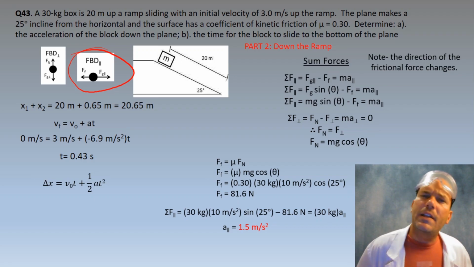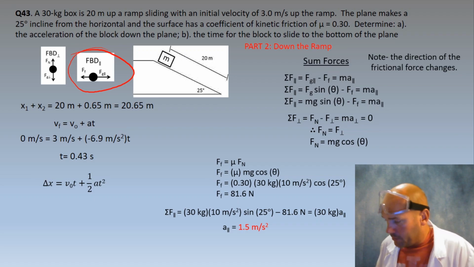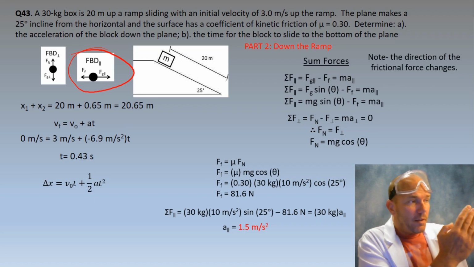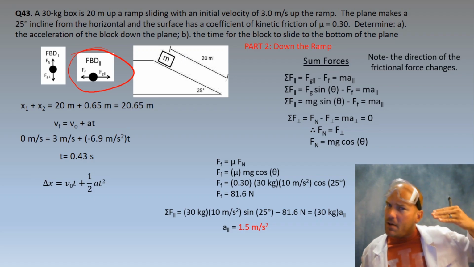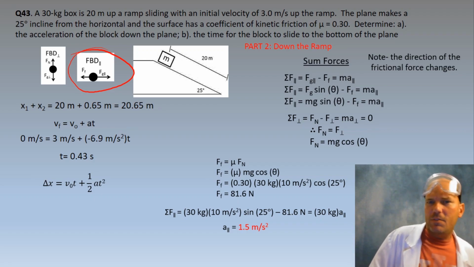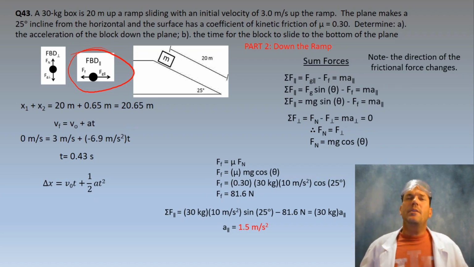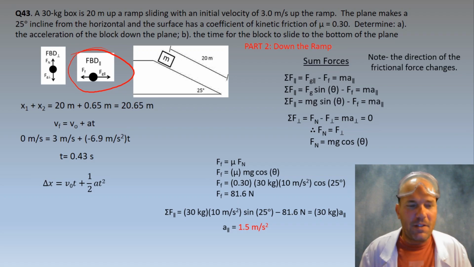Let's find how long it takes for the object to slide down. Remember, it was 20.65 meters up. How long does it take to go down? And then in addition, how long did it take while it was going up? Because we're asked for the time it took for the block to slide to the bottom, that whole amount of time.